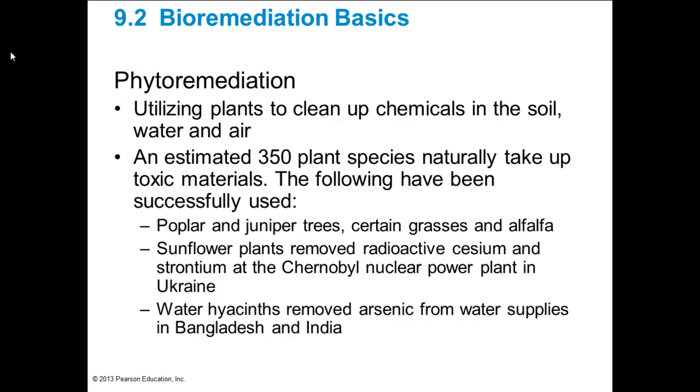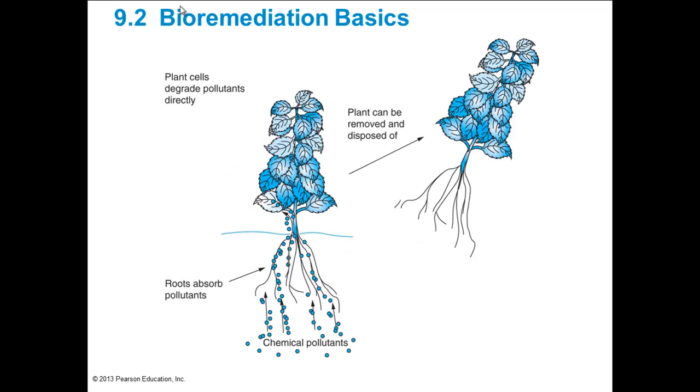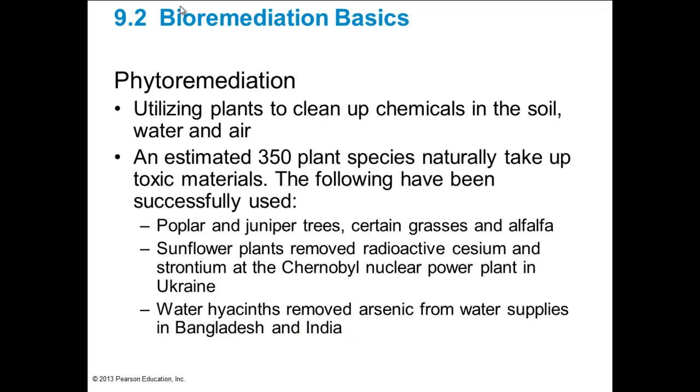Some of these also include poplar and juniper trees. Alfalfa and grasses. Sunflower plants were used to hyperaccumulate cesium at the Chernobyl nuclear plant disaster. Water hyacinths that are found in wetlands were used to remove arsenic from the water supplies in Bangladesh and India.